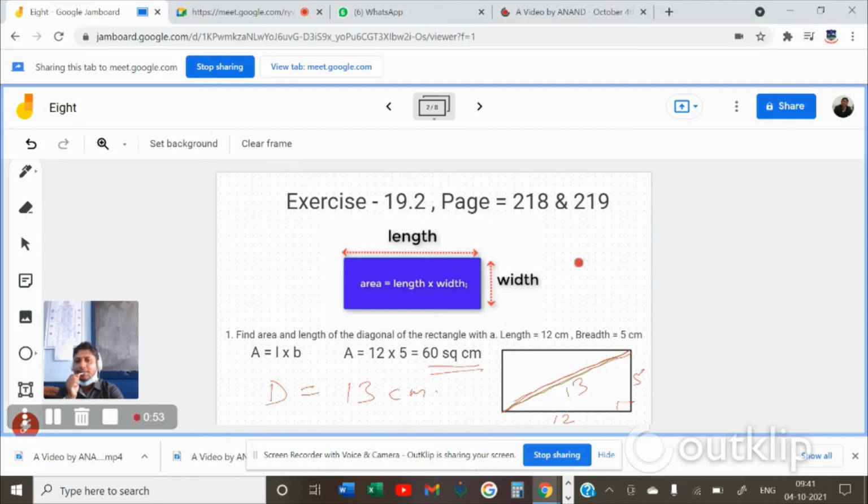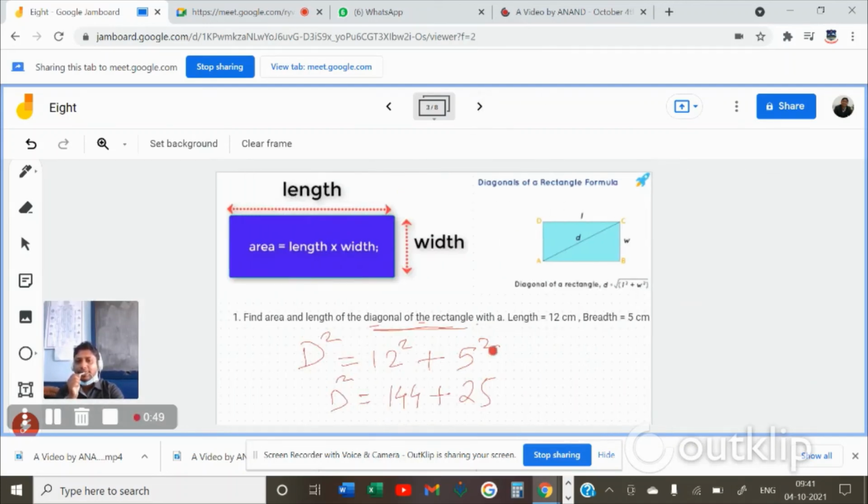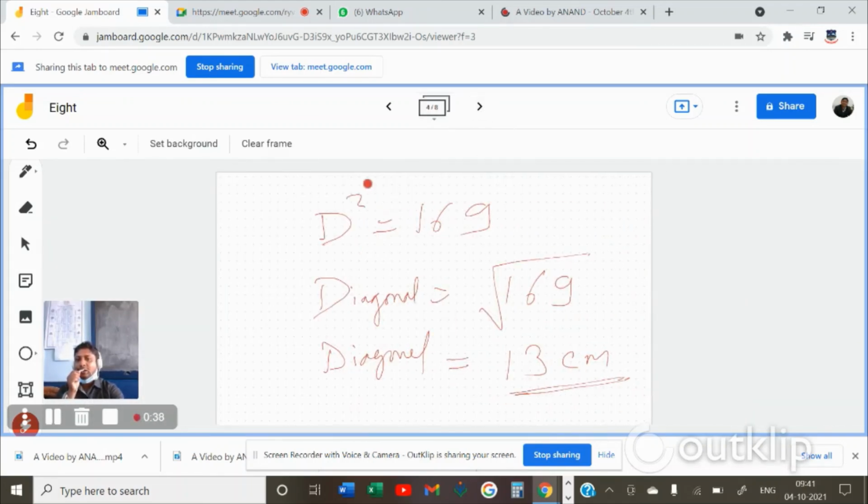Then for the diagonal, we took the length and squared it, then we took the breadth and squared it, and both the squares we added together. And after adding, this square we wanted to get rid of. That's why on the result we took a square root, and we got the answer. This is how it was done for a rectangle.